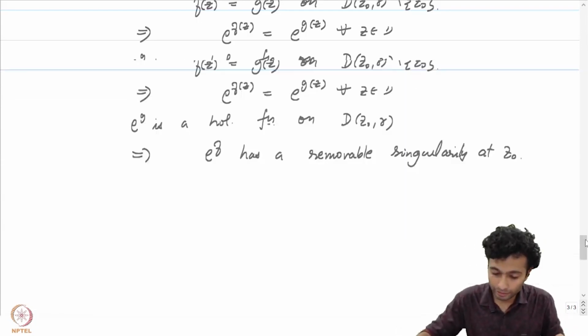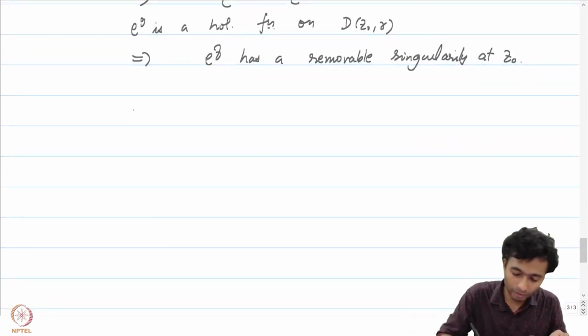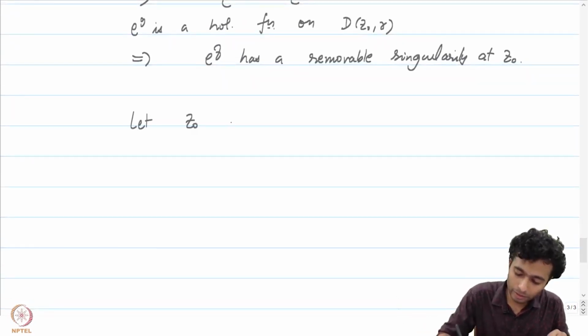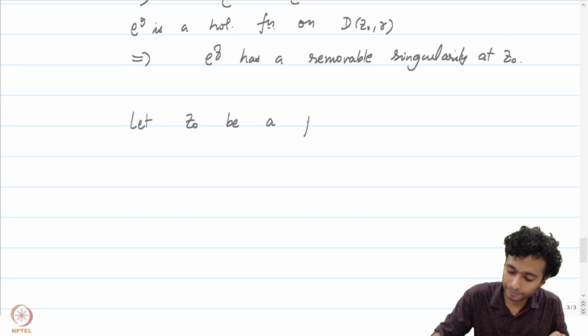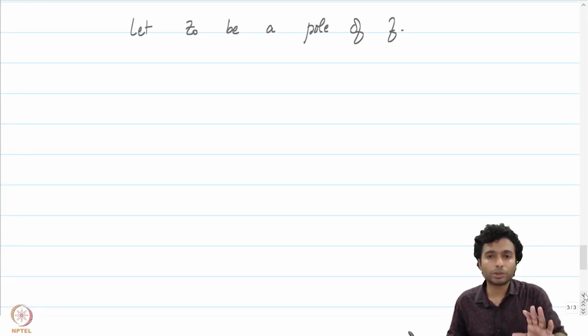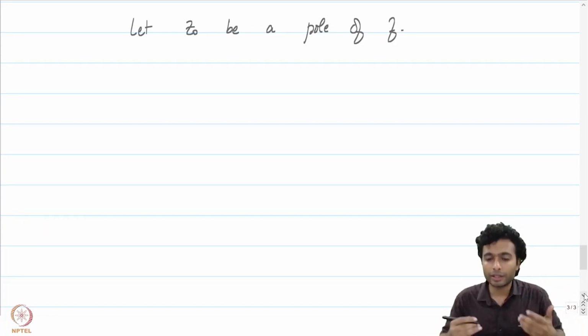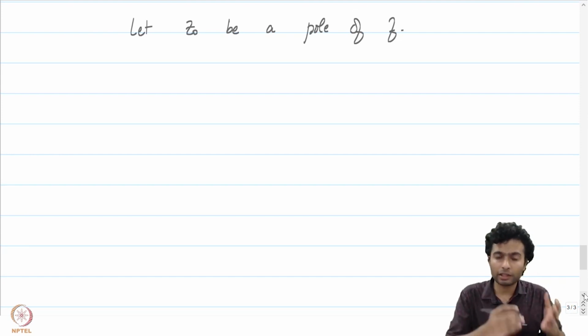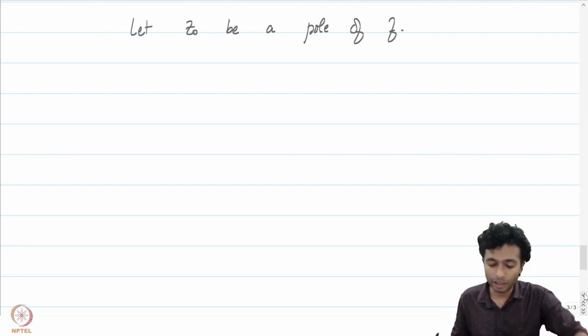Now let's consider the case when z0 is a pole. Let z0 be a pole of f. Let's now show that z0 cannot be a removable singularity or a pole of e to the power f. In fact, we will come to a contradiction if z0 is either a removable singularity or a pole of e to the power f.